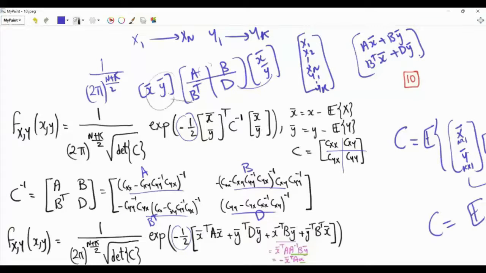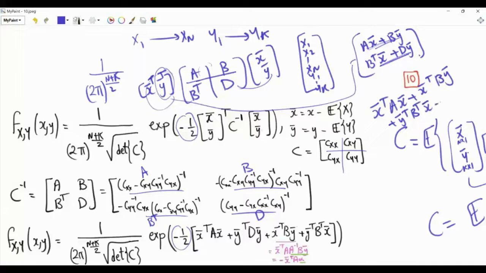And then we take this and multiply it here. I'm sorry, I should put a transpose. So here will be x bar transpose A x bar, so x bar will be multiplied by this term, plus x bar transpose B y bar. And then y bar transpose will be multiplied by this element: y bar transpose B transpose x bar plus y bar transpose D y bar.